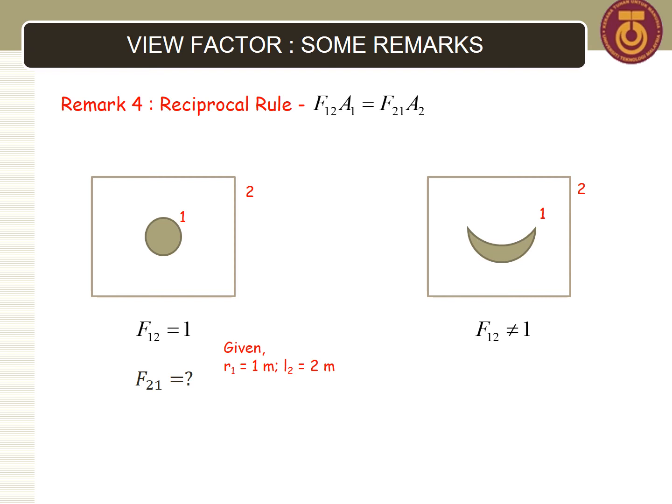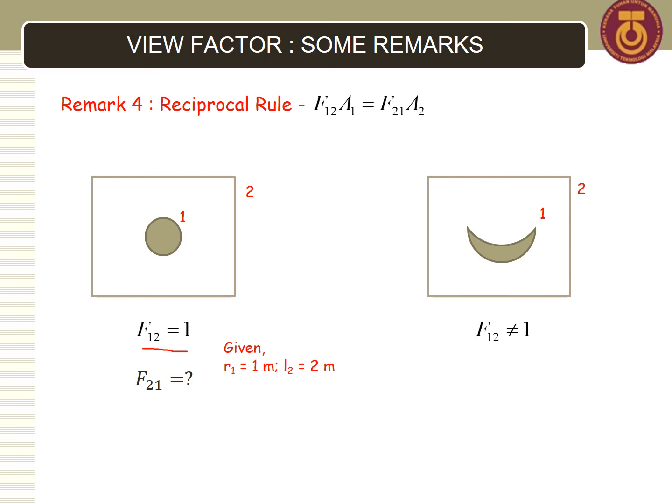If you want to visualize, it's a ball inside a closed box. From here, we actually know F12 without being taught, from what we have learned in the previous slide: F12 equals 1.